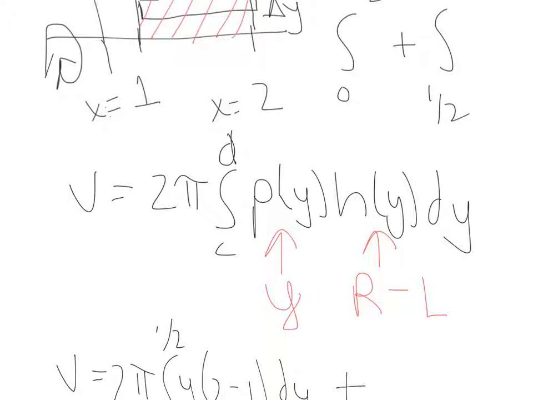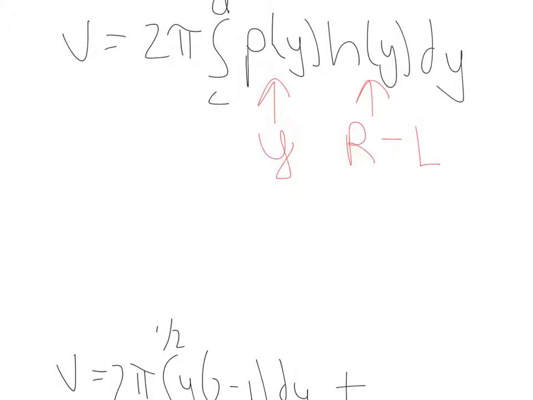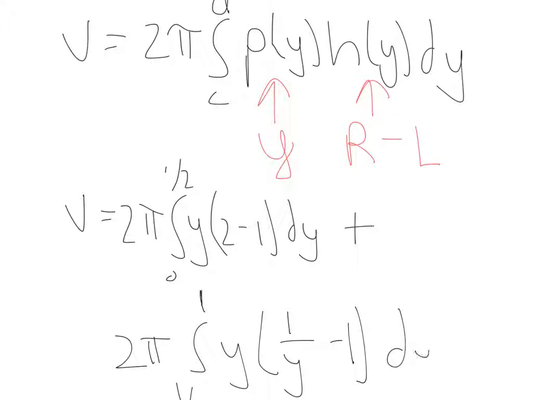And then we'll add the other integral for the upper chunk of area. And that integral is 2 pi integral from 1/2 to 1 of y, and then our right minus left is 1 over y minus 1 dy.